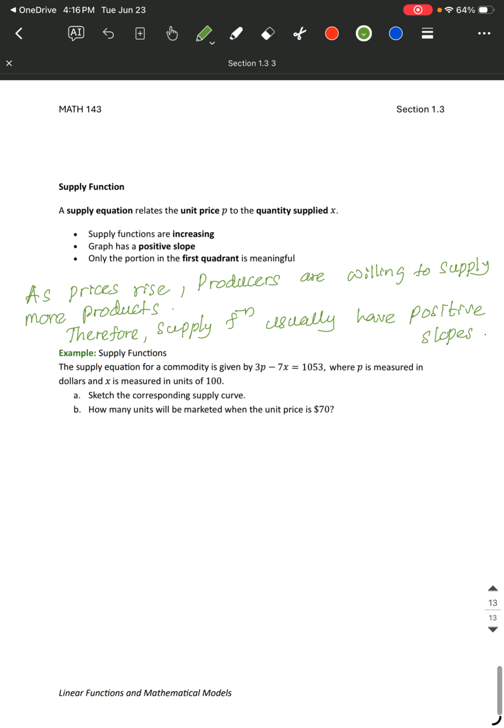The given supply function is 3p minus 7x equals 1053. Let's solve for p.